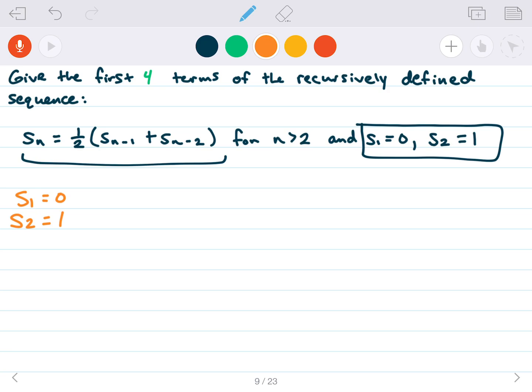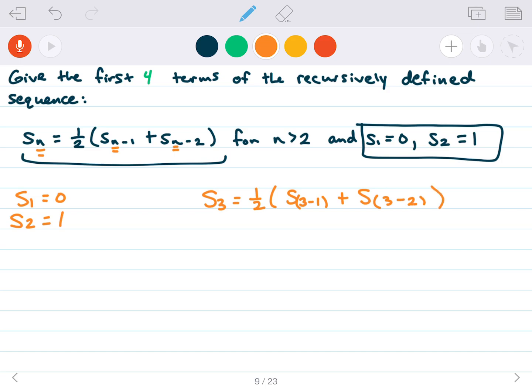So what's the third one on our list? Well, all we have to do to find the third one in our list is plug in 3 for n and simplify. So if I plug in 3 for n, I get 1/2 S sub in the subscript 3 minus 1 plus S sub 3 minus 2.